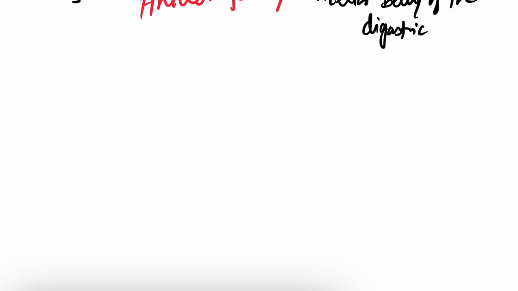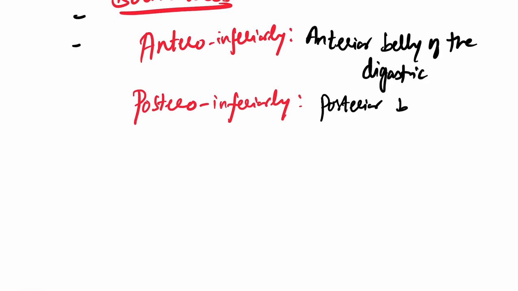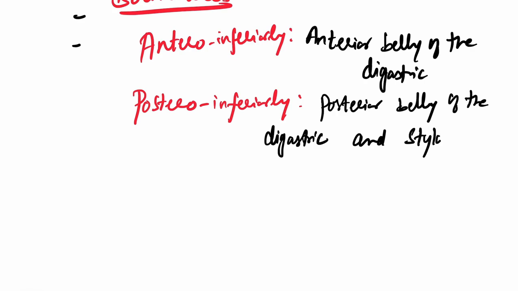Then posterior-inferiorly, it is formed by the posterior belly of the digastric muscle and also by the stylohyoid muscle.